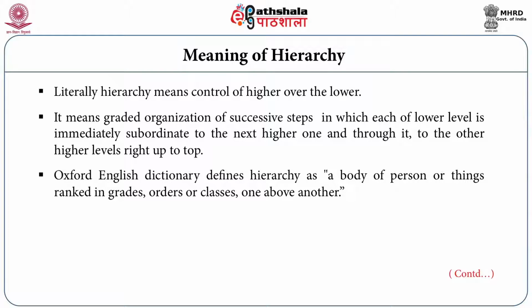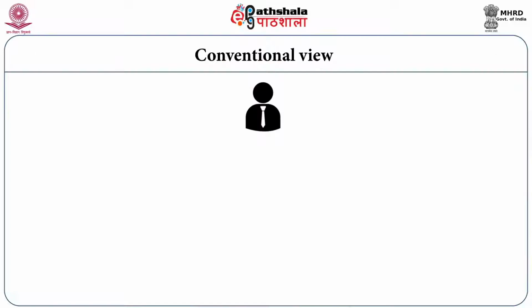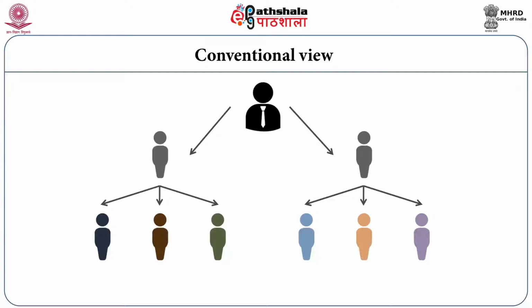If we go to the meaning of a dictionary, the Oxford English Dictionary defines hierarchy as a body of persons or things ranked in grades, orders, or classes, one above the other. As we have seen a few minutes back, public organizations are organized from top to bottom: top managers, middle managers, and lower level subordinates.